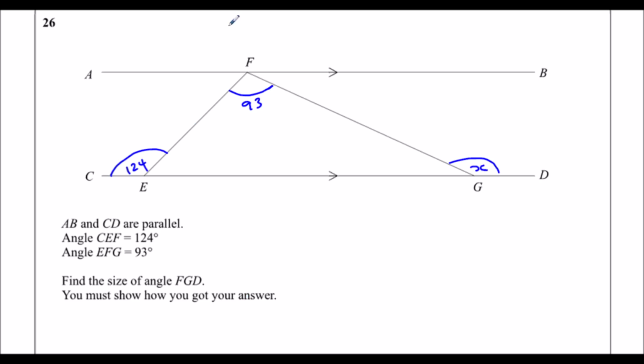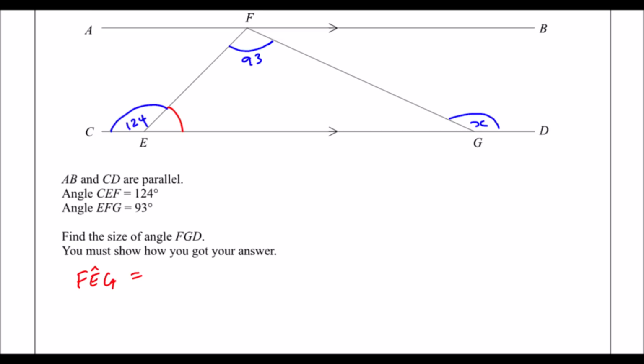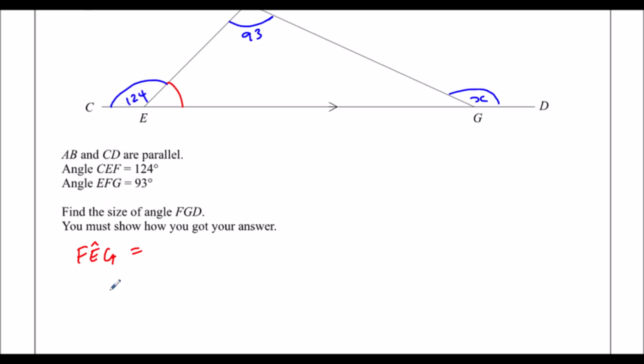So we can use angles in a straight line to work out FEG. So 180, take away 124. So 20 to 70 is 50, and 6 more.